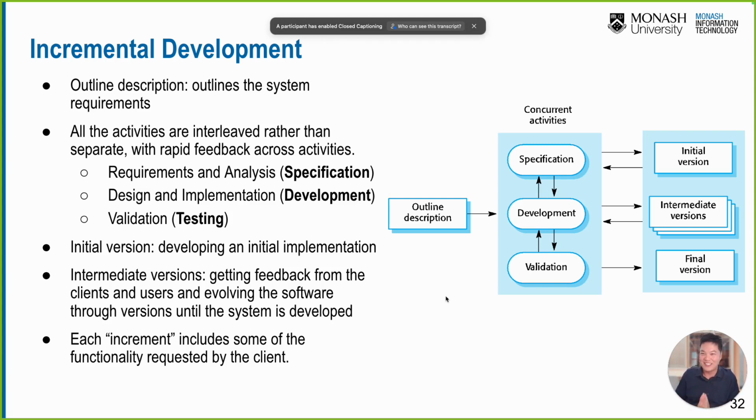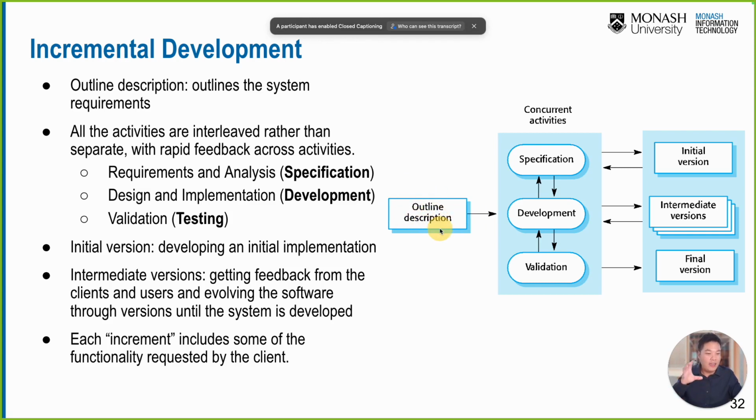Incremental development. It is similar to the waterfall, but there are some parts that are different. Let's say we have the outline description already here. That means the requirement is clear already, right? No, not clear.